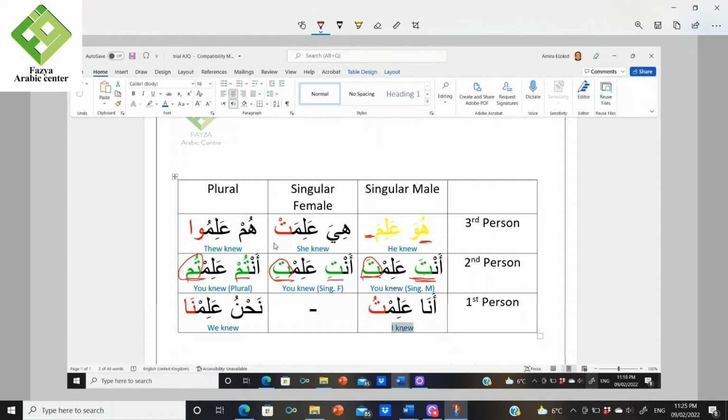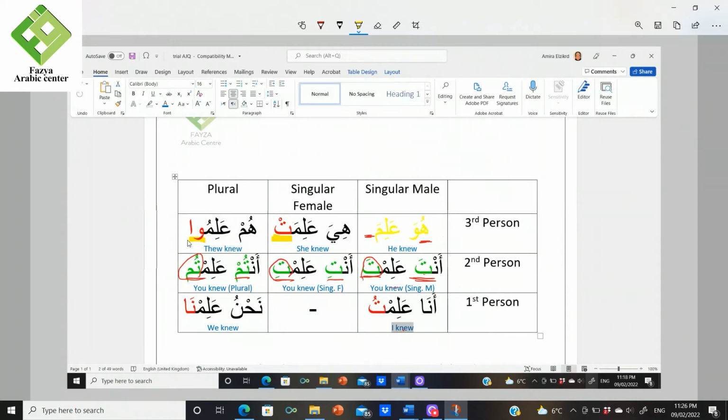The remaining ones, these four, I have to help myself in one way or another so that I would remember them. Now here, alimat. If I have this ending, the ta with the sukun preceded with the fatha like this, then it's definitely hiya.